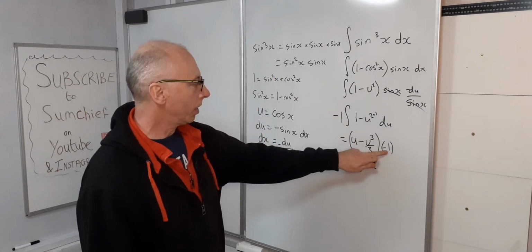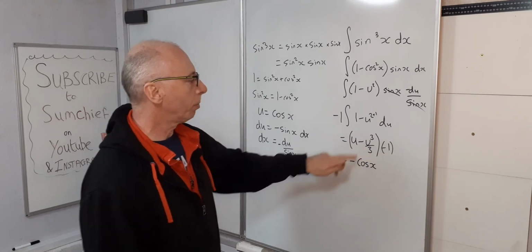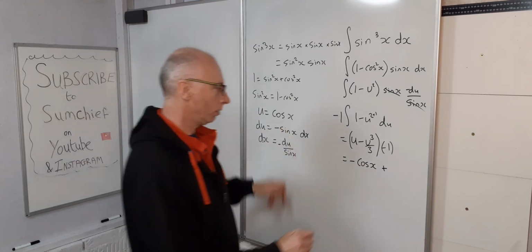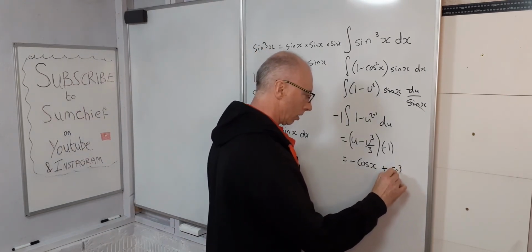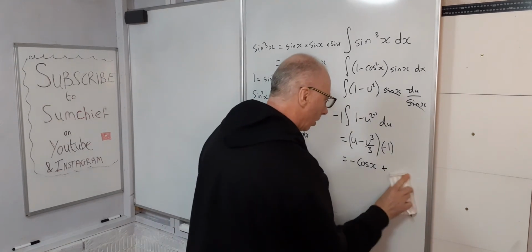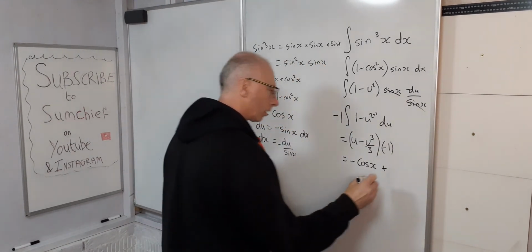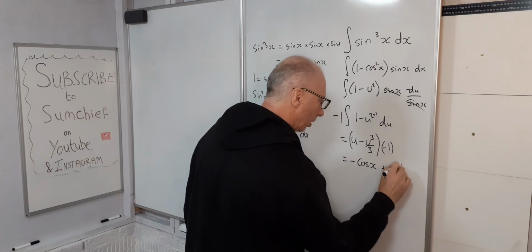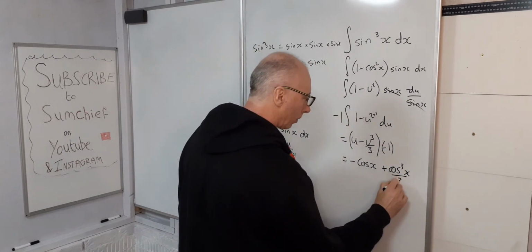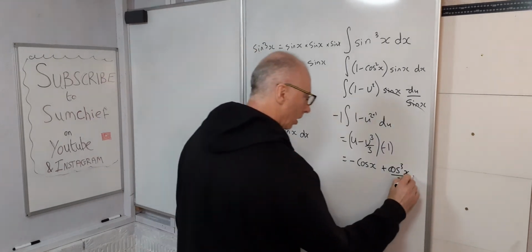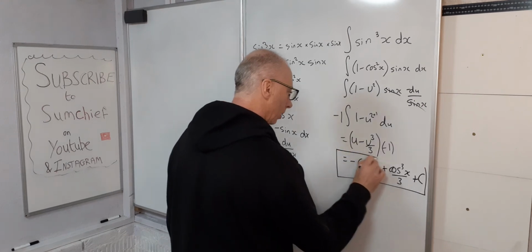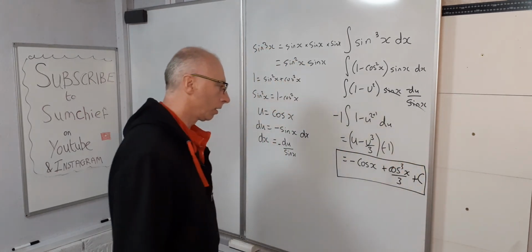And now we've got minus times a minus, which gives us a plus. u cubed, be cosine cubed of x over 3. Don't forget the plus c. There we go, that's the answer.